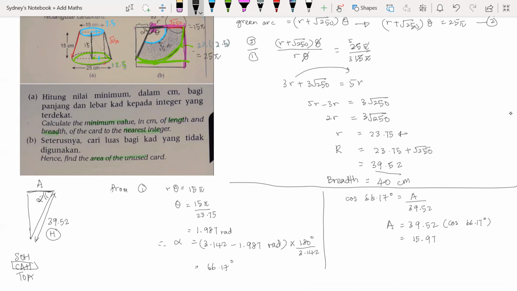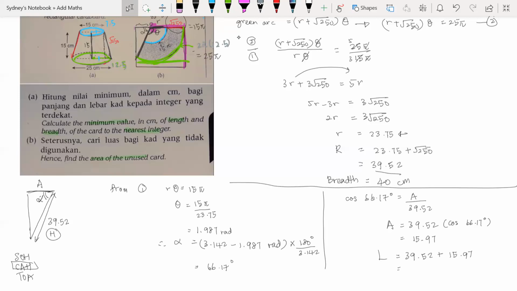Okay, and therefore to find the minimum length, it will be taking the radius of the big sector, look at the diagram, the radius of the big sector plus the A that we have just found. So 39.52 plus 15.97.